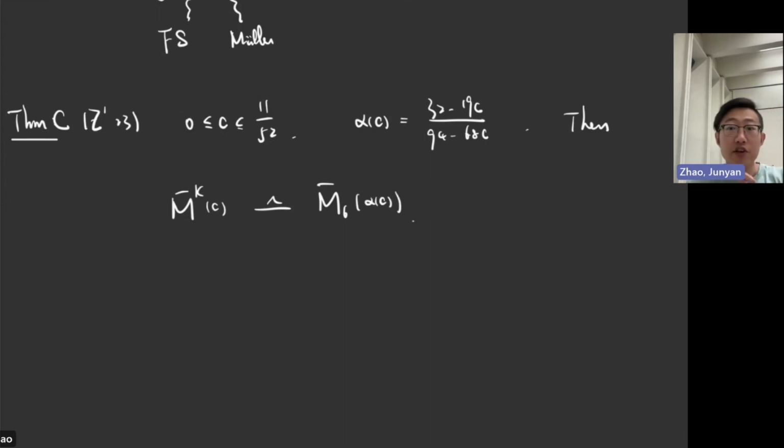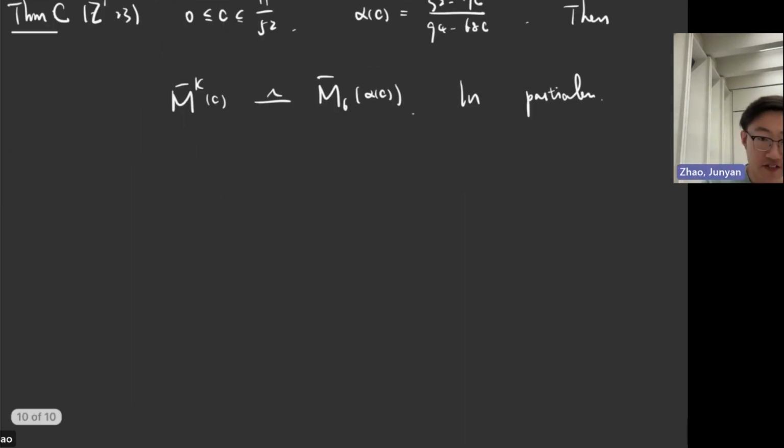In particular, the walls of the K-moduli space will give you the walls of the Hassett-Keel program, and in particular, we can find the last 6 walls or the minimum models or log canonical models.